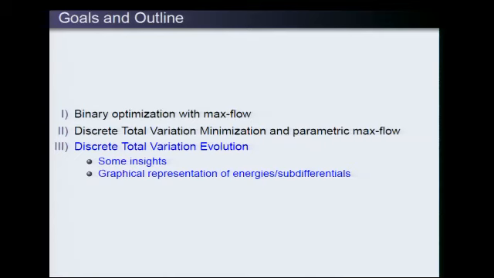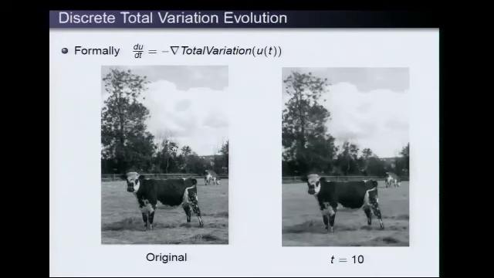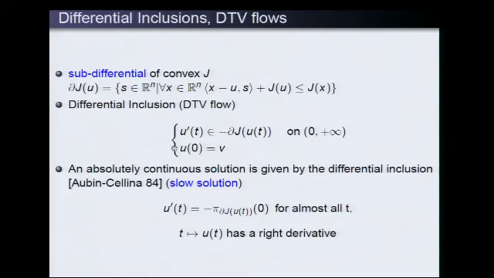So again, with the epsilon equals 0. So the idea is, formally, you want to evolve an image using minus the gradient of total variation. I mean, it's formally, because this is not differentiable. So you start from this image, then you evolve, and you get that kind of result. So essentially, you design a trajectory, and I want to compute the trajectory.